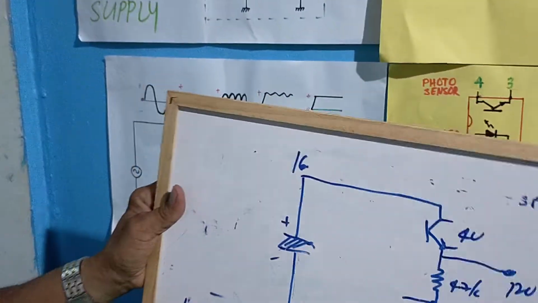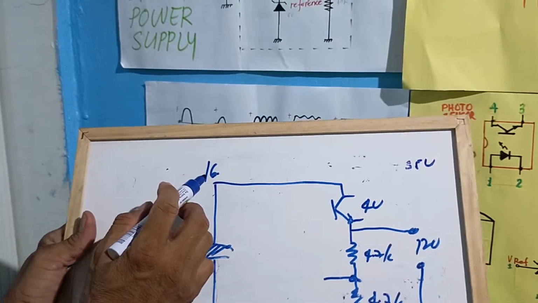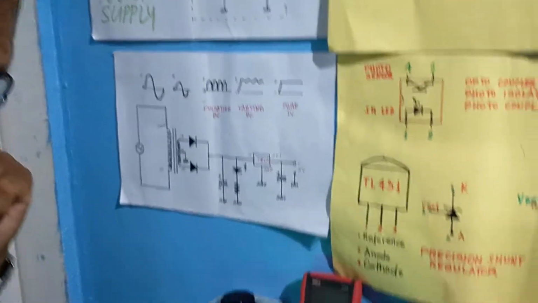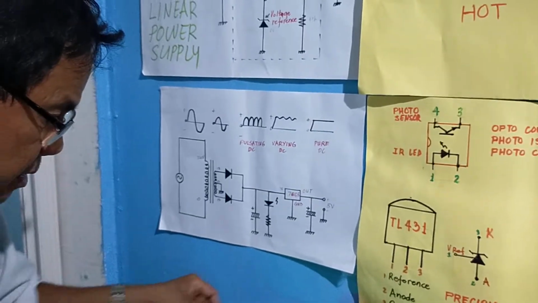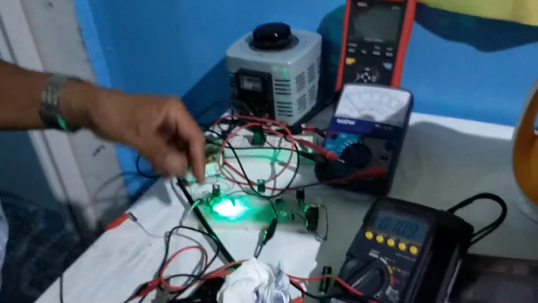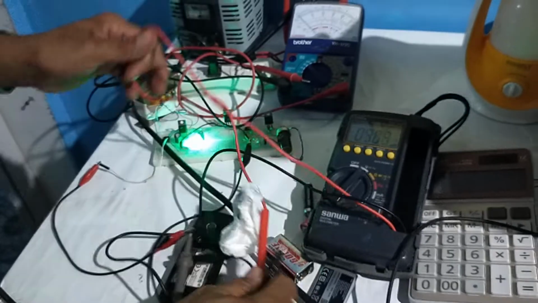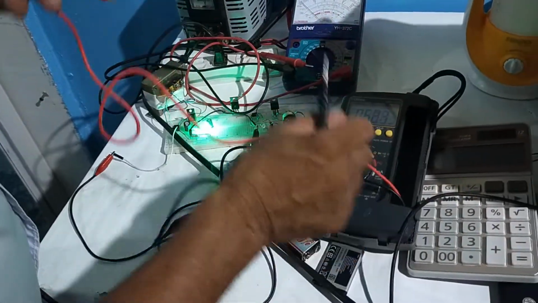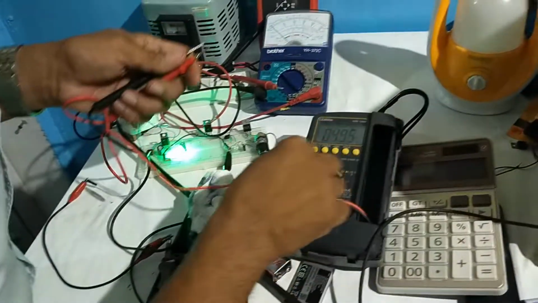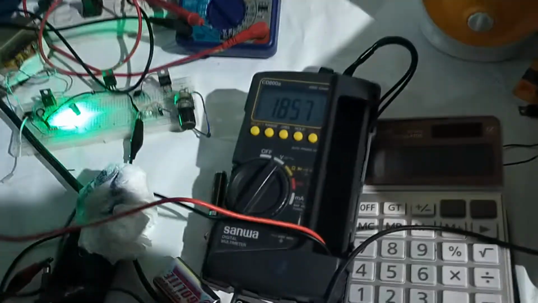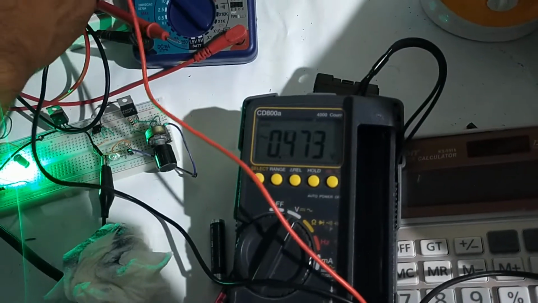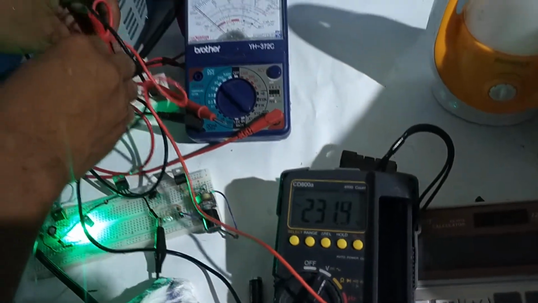If the voltage changes higher, let us say the voltage at the outlet is increased. Let us try to use AC volts. Change to AC and measure the voltage here. It is 231.